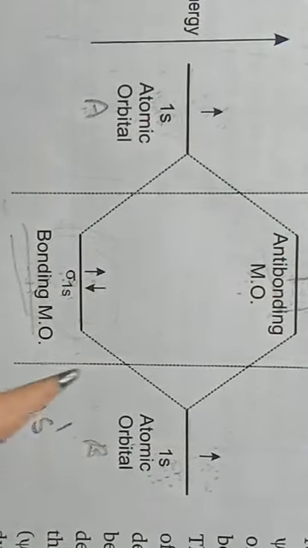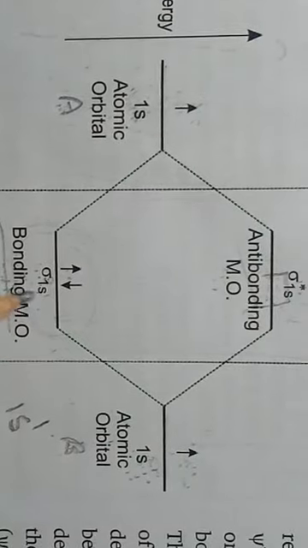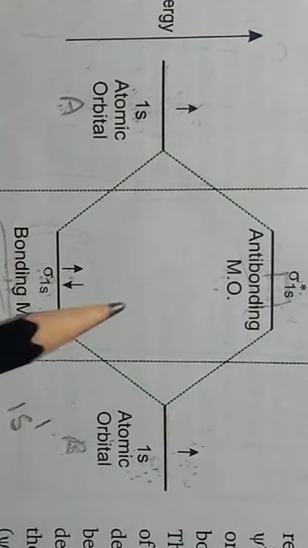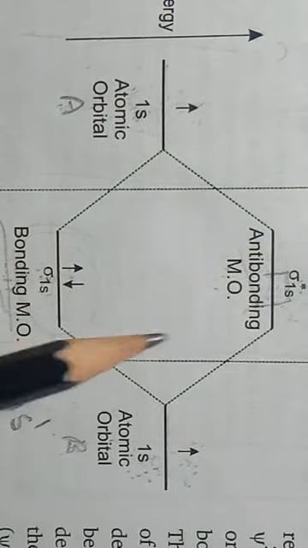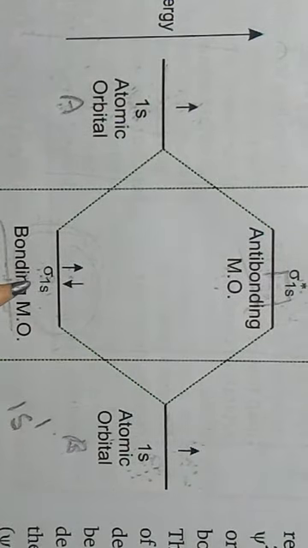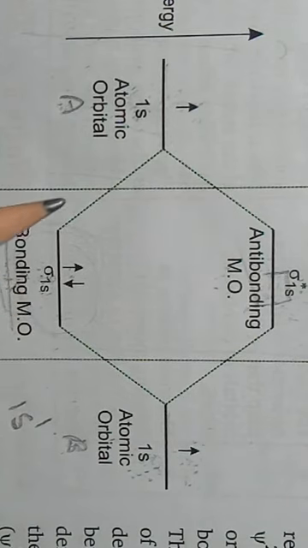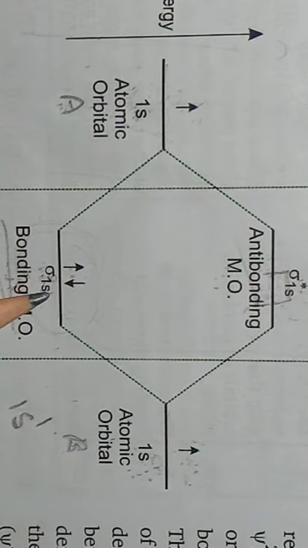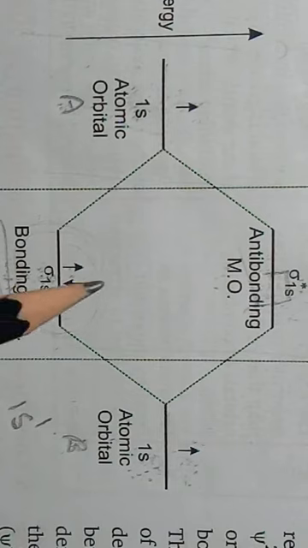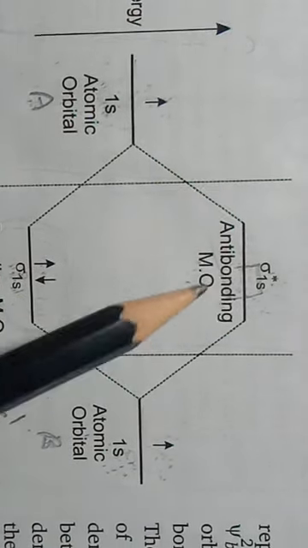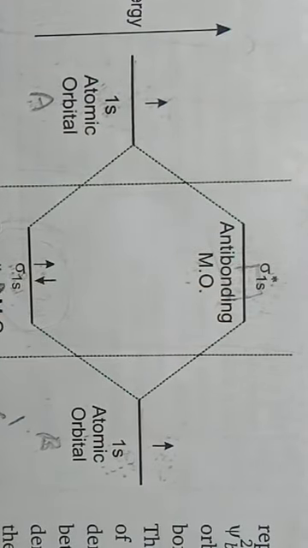Okay students, as you can see, the electronic configuration of the molecule is 1s, and to differentiate this from the configuration of atomic units, we use the sign sigma 1s. So the sigma 1s molecular orbital has 2 electrons, and the anti-bonding one is written with a star sign.